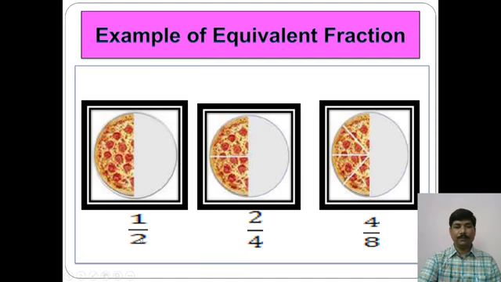They look different, but in the figure they have the same value. They have the same value, half pizza, but in fraction form they are different. So 1 by 2, 2 by 4, and 4 by 8 are all equivalent fractions.